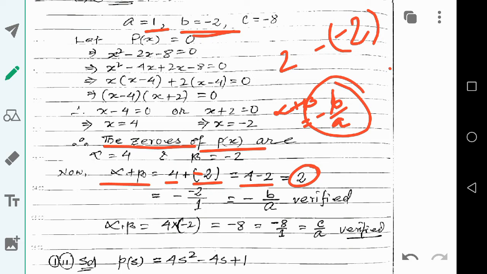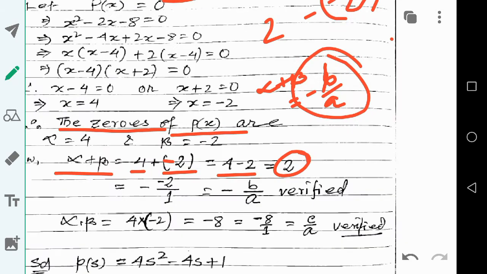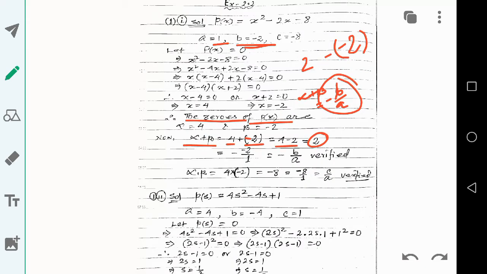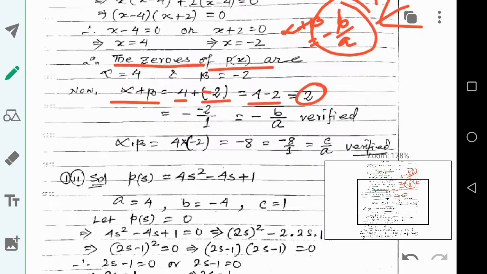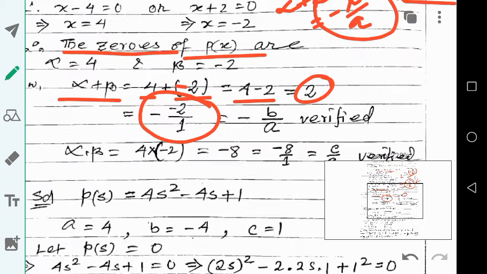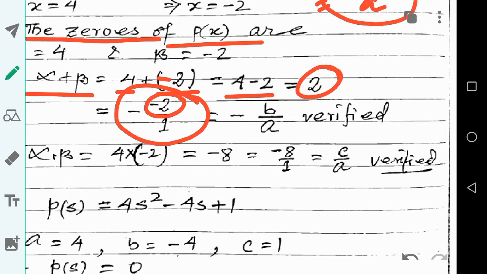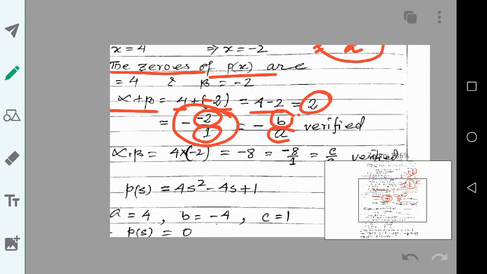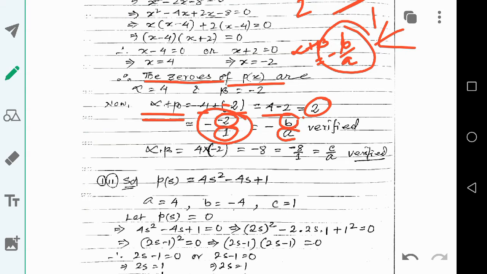Then we will get minus and minus 2, minus again plus. As we need to find b by a, this 2 can be written as minus of minus 2 by 1. So now replace the minus 2 by b and 1 by a. That's why we have got alpha plus beta is equal to minus b by a.